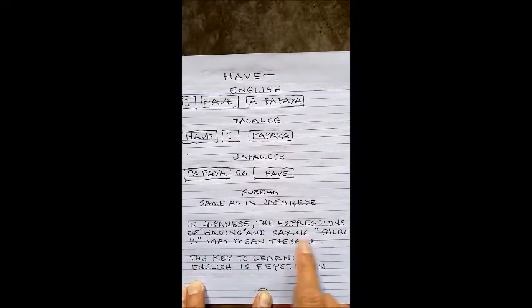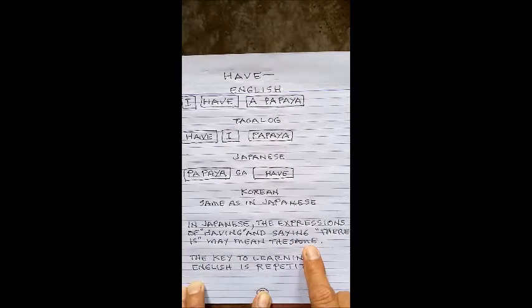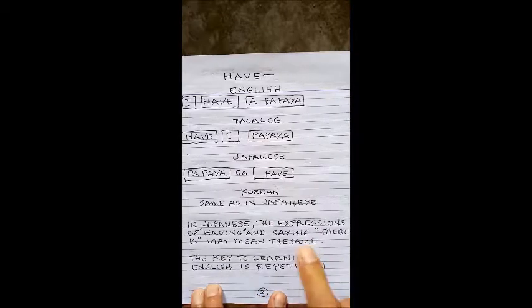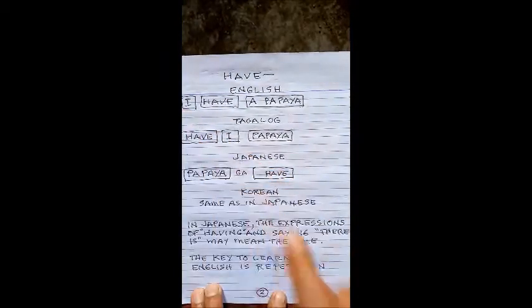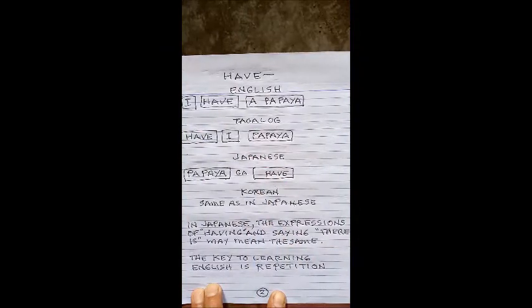In Japanese, the expressions of having and saying there is may mean the same, but not in English. You have to involve the I. You cannot say, there is papaya, to mean I have papaya. Same way in Korean.